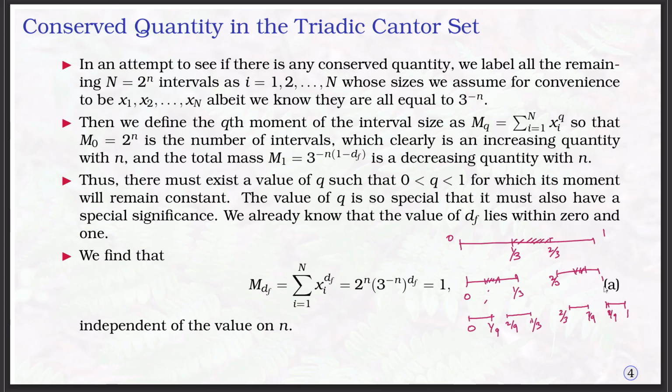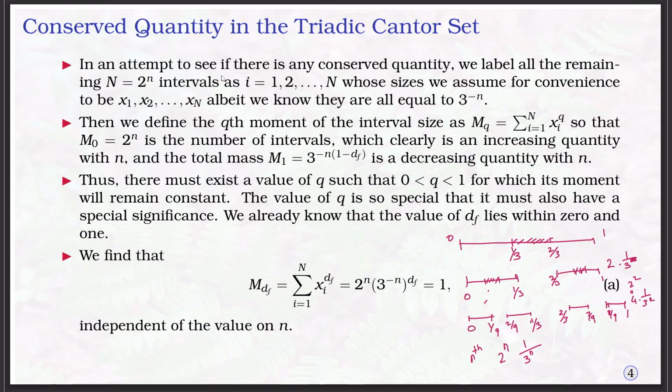In each iteration we produce intervals: after the first iteration, 2 intervals of size 1/3; then 4, that is 2 power 2 intervals of size 1/3 power 2. Hence after the nth iteration one will get 2 power n intervals of size 1/3 power n.